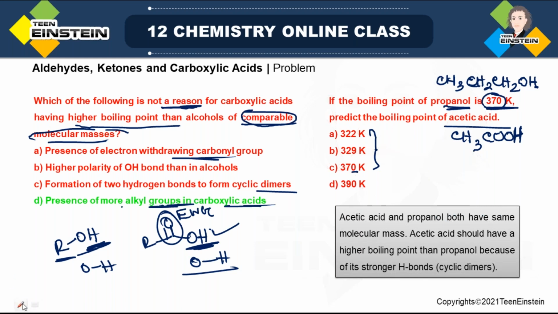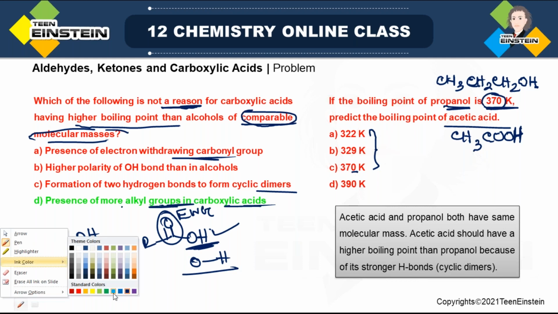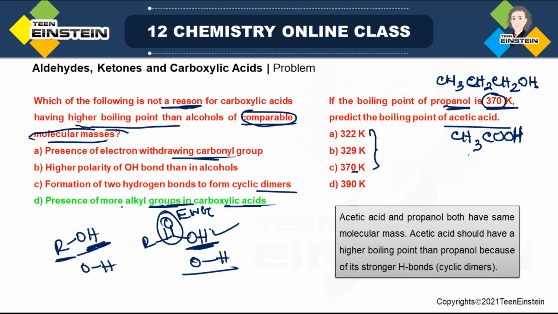If you just write the total number of carbon, hydrogen and oxygen, it will help you to understand. So it is C2O2H4, and here, even if the total number of carbon and hydrogen is not the same, if you consider the final molar mass, it will be the same.